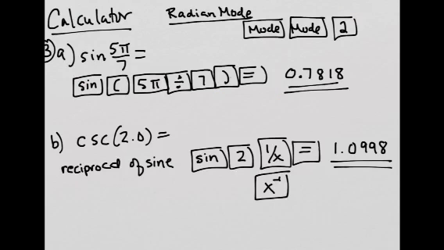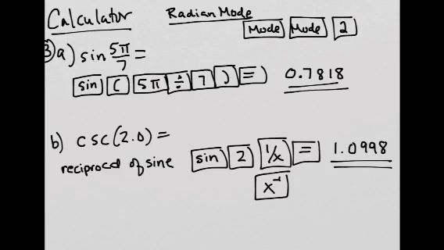Alright, for the last example in the notes, we have calculator problems, because you're going to encounter angles that are not always going to be on the special angle list, right? So like right here, number 3a, sine of 5 pi over 7. We know that it's not a degree, it's a radian, right? So we make sure that the calculator is in radian mode.